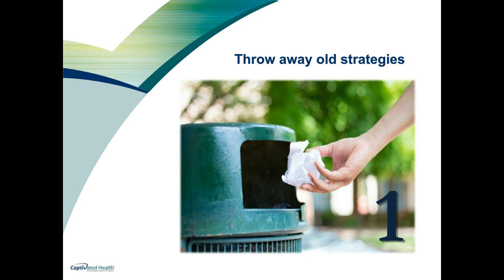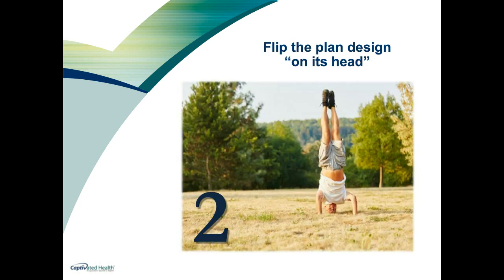So when you think about it in terms of health insurance, what we're doing is building a golf bag, or a health plan. And our objective is we have to flip the script, flip the plan design on its head, and build the entire structure of the health plan around the faculty and staff's experience with the healthcare system.